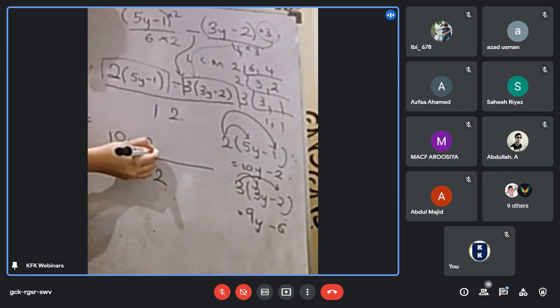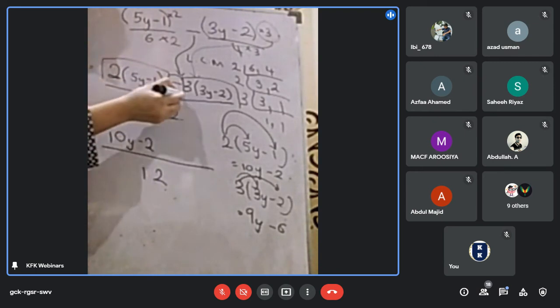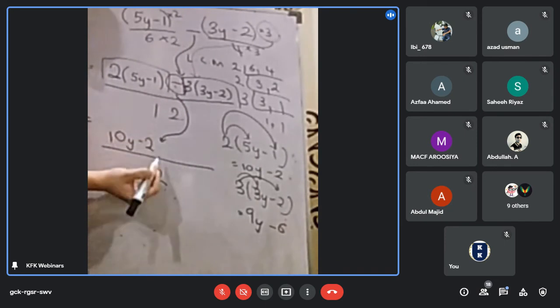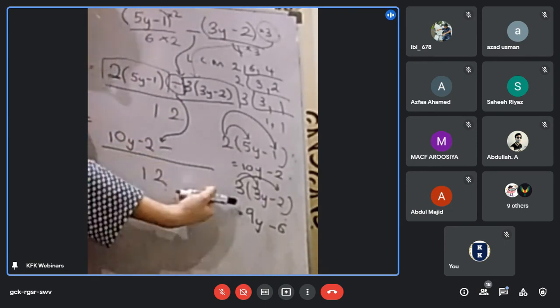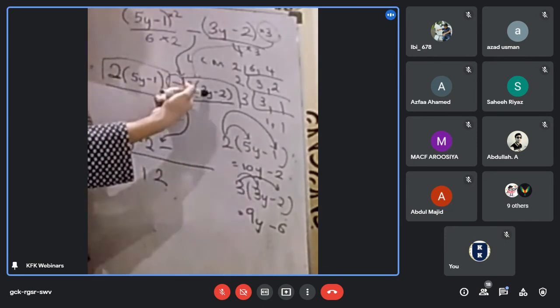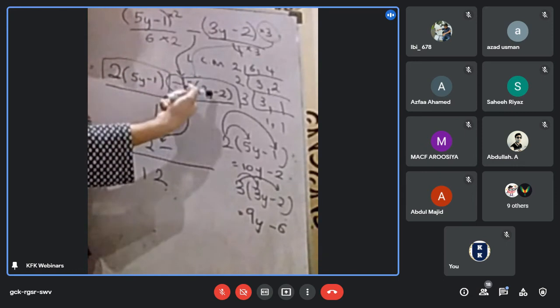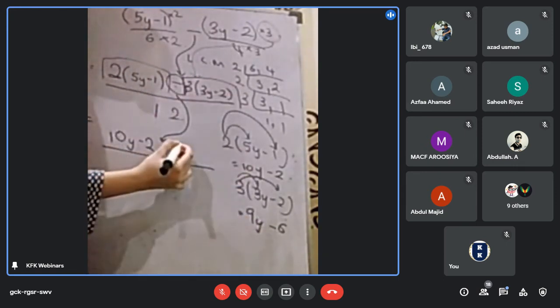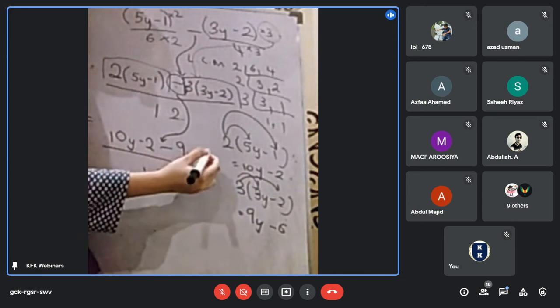You write that down. Then can you see the minus of the question? You bring the minus of the question here. Then 3 multiplied by 3y minus 2 is 9y minus 6. So you write 9y minus 6.